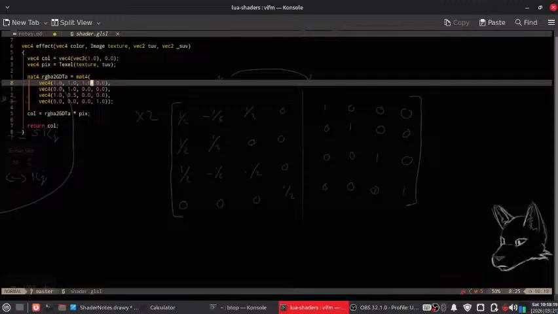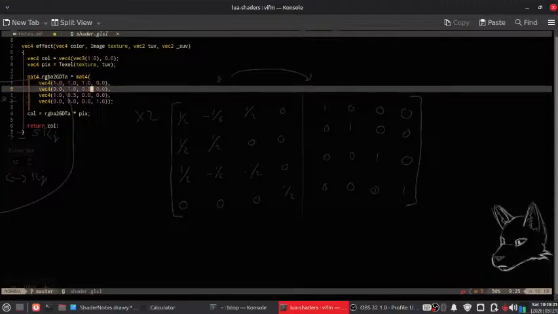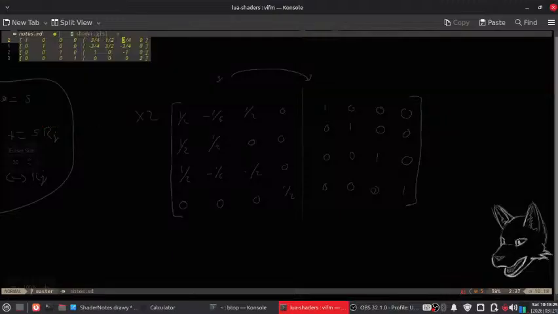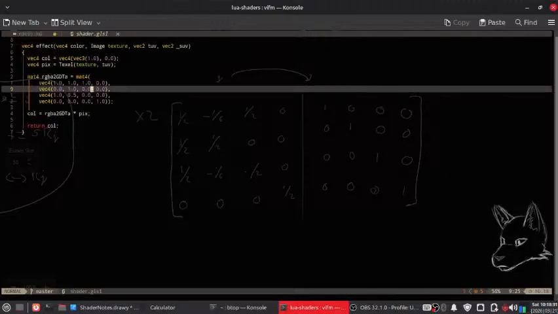So, ¿por qué? Is it this one? Yeah, it should be this one, right? Times pix minus a half.